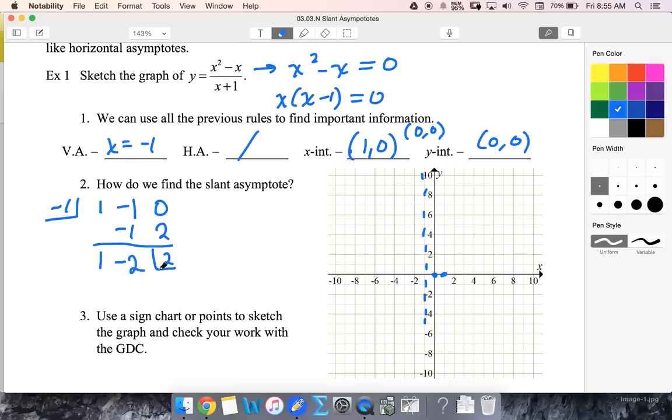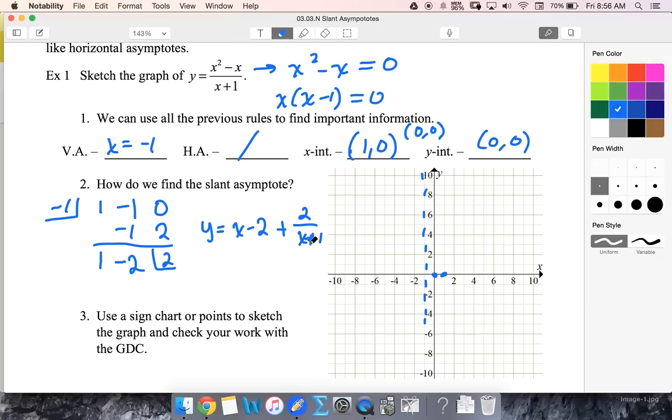I don't actually care about the remainder so much. What this tells me, though, is that when I divide, the answer of that division is going to be x minus 2 plus 2 over x plus 1.